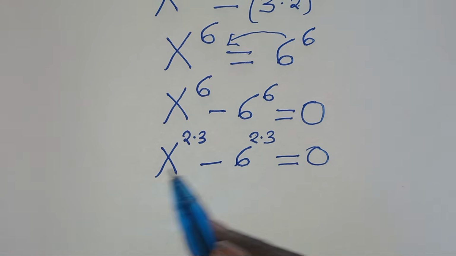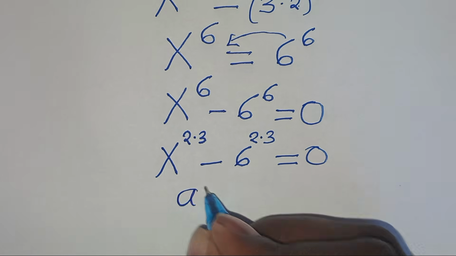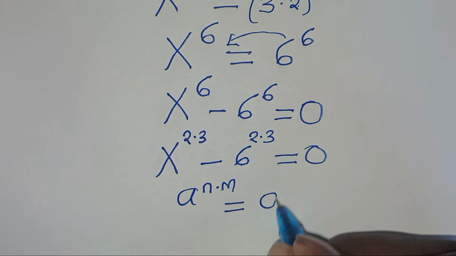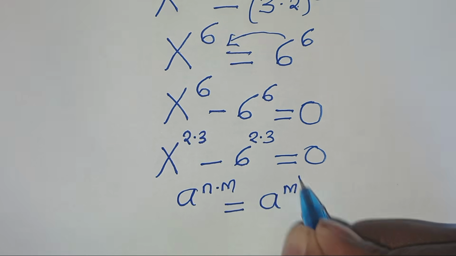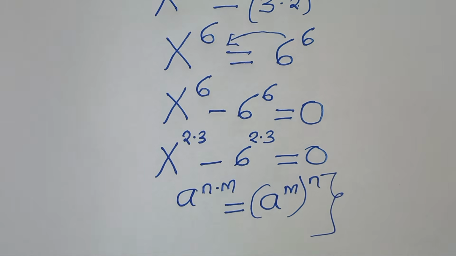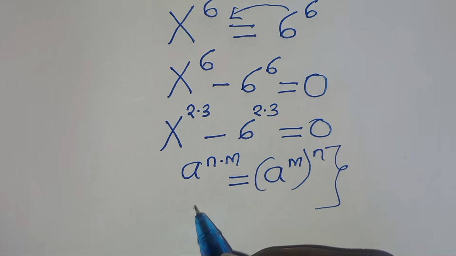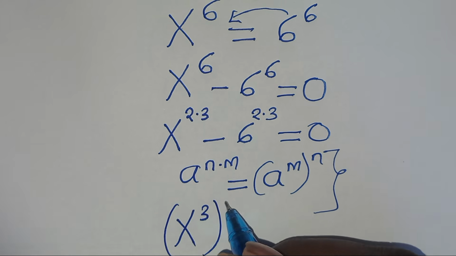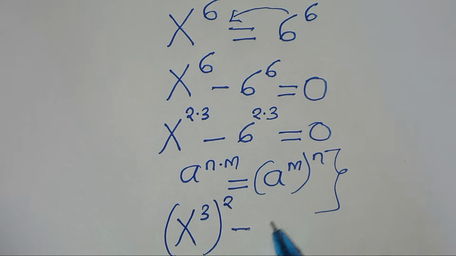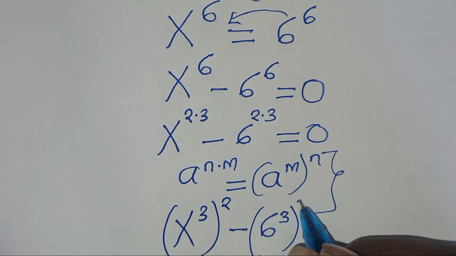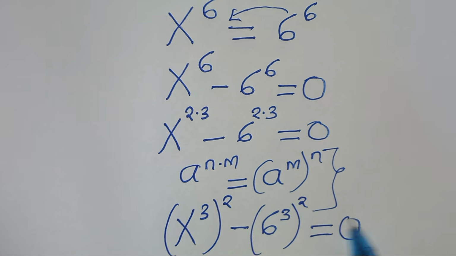This is in the form of a^(n times m), which we can express as (a^m)^n. So let's apply this exponent property, so that we have (x^3)^2 minus (6^3)^2 equal to 0.